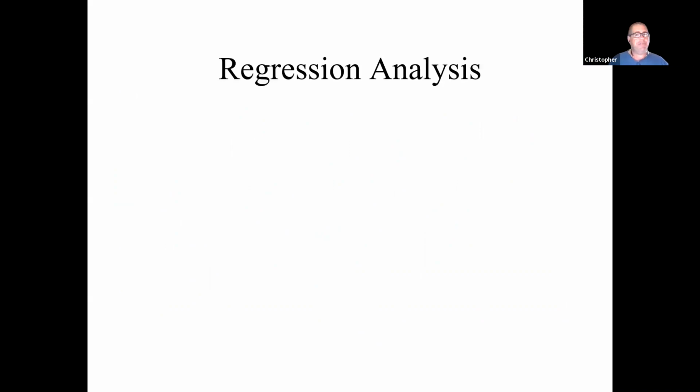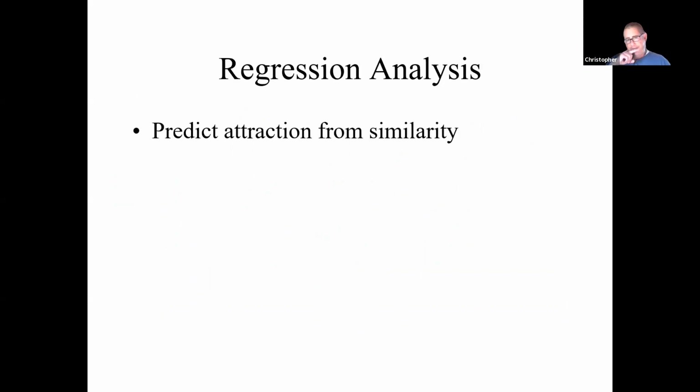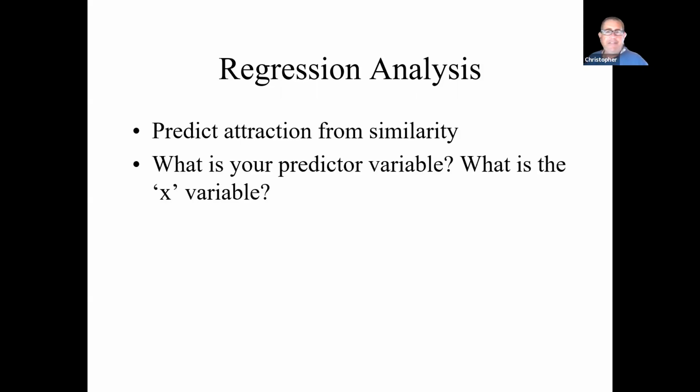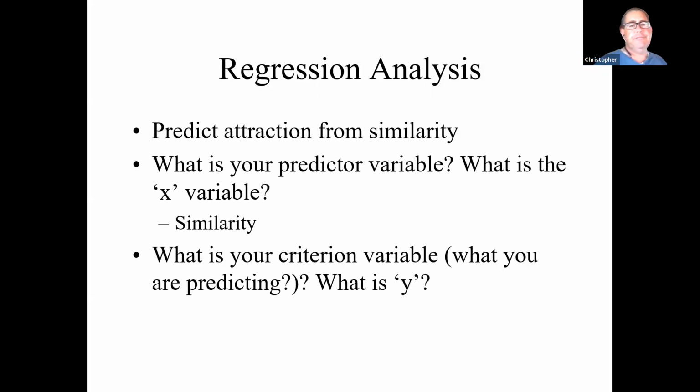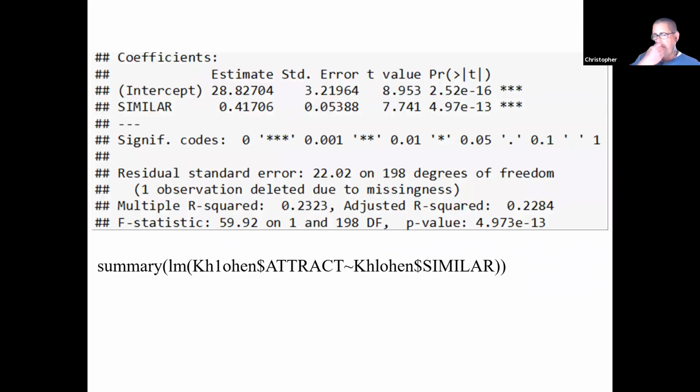And we'll see this in terms of our regression analysis. We're going to predict attraction from similarity. X variable is going to be similarity. Y variable is going to be attraction. You can see the code here. Attract predicted by similarity.